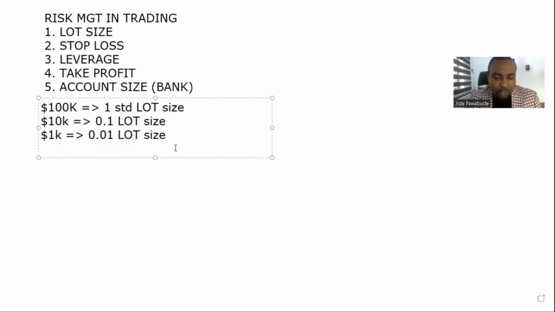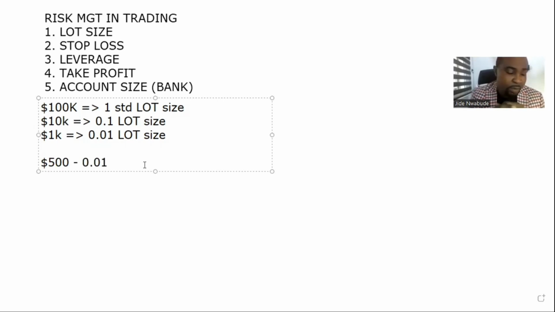Now, if you try to push for a higher risk, maybe I'll start recommending, of course, you can't do anything less than 0.01, but I'm going to start from $500. So from $500, you can use 0.01 lots, but do not exceed 0.02.